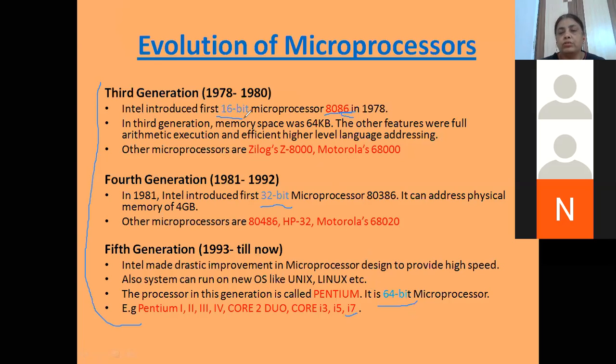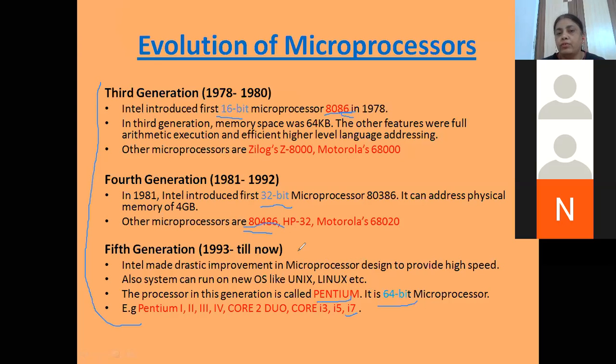The first, 4004, was 4-bit, 8085 was 8-bit. Now 8086 is 16-bit; 8086, 80186, 80286 are all 16-bit microprocessors. 80386 and 80486 are 32-bit microprocessors. And Pentium of the fifth generation, which we can say is 80586.